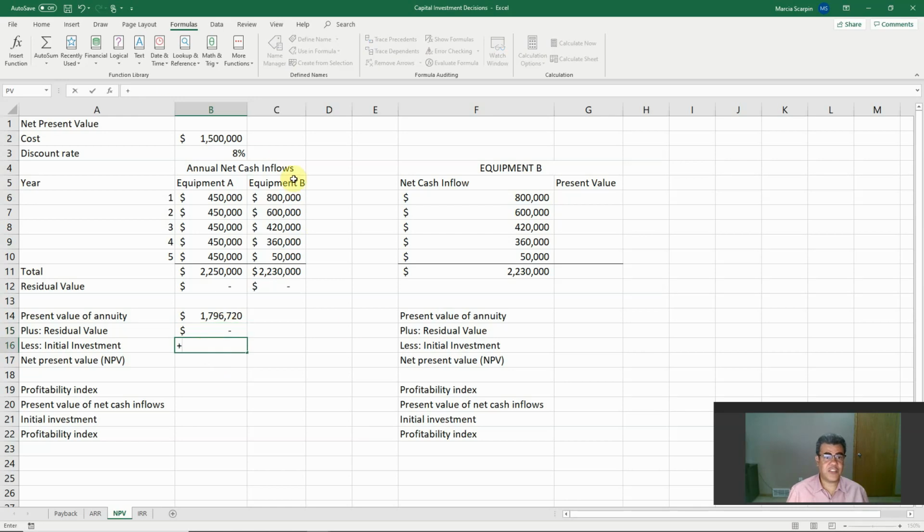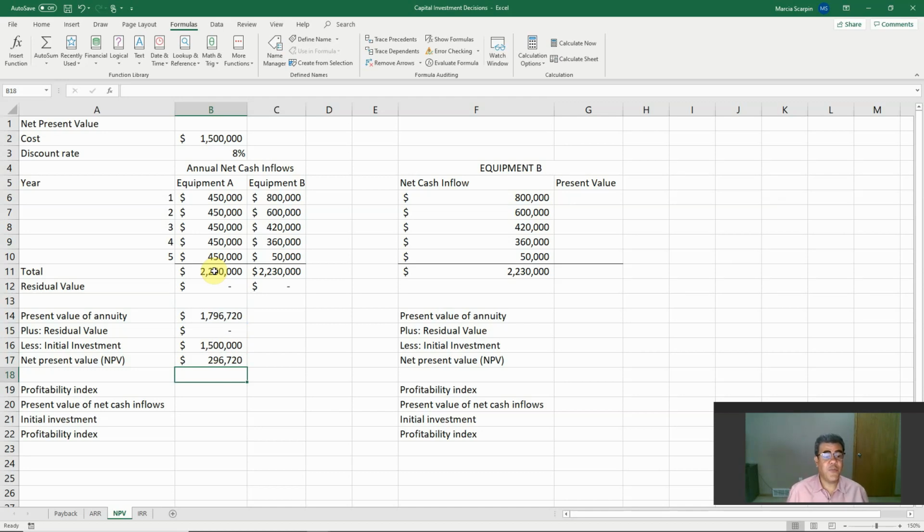Less initial investment, 1.5. We don't need present value here because the investment is now. So our net present value is the present value of our annuities, this $2.2 million, brought to the present value, less initial investment: 296.